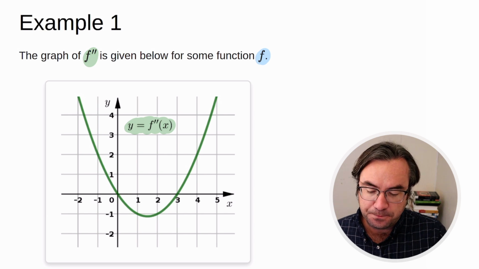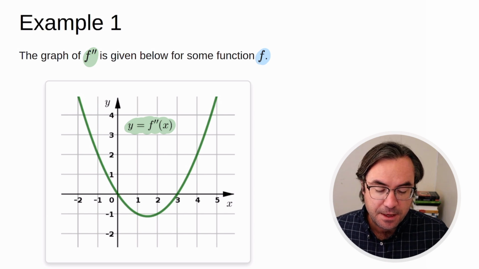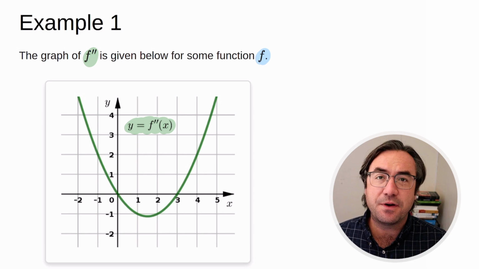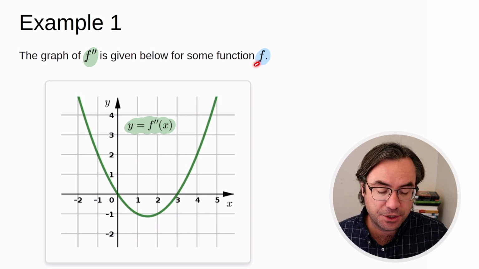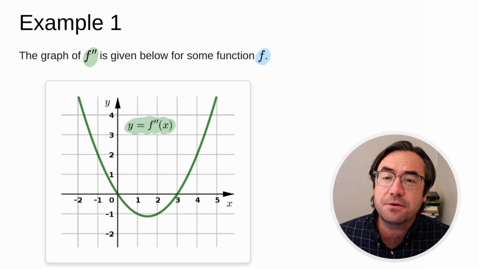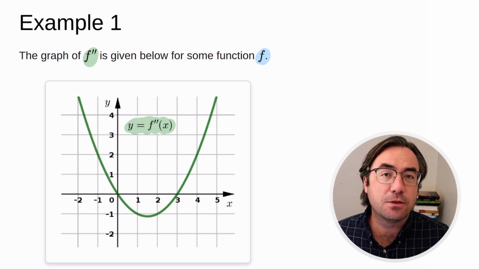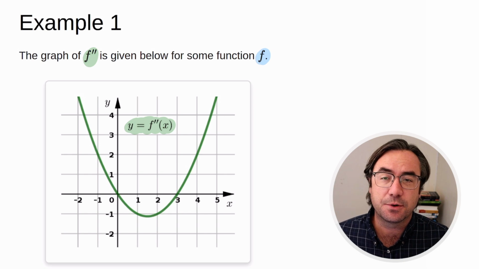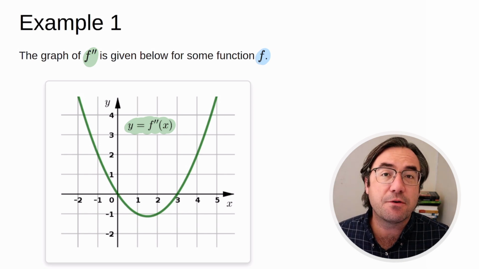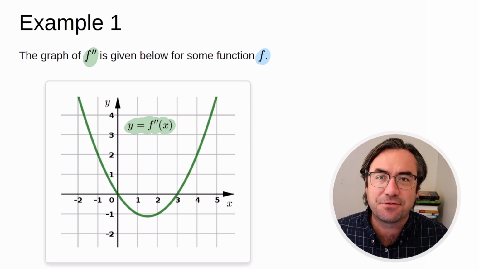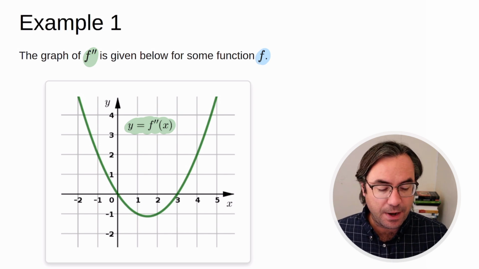Normally, if we want to find the intervals of concavity for a function, we calculate the second derivative, and then we look for the possible inflection numbers. Well, we don't have a formula here to differentiate, but we do have the graph.